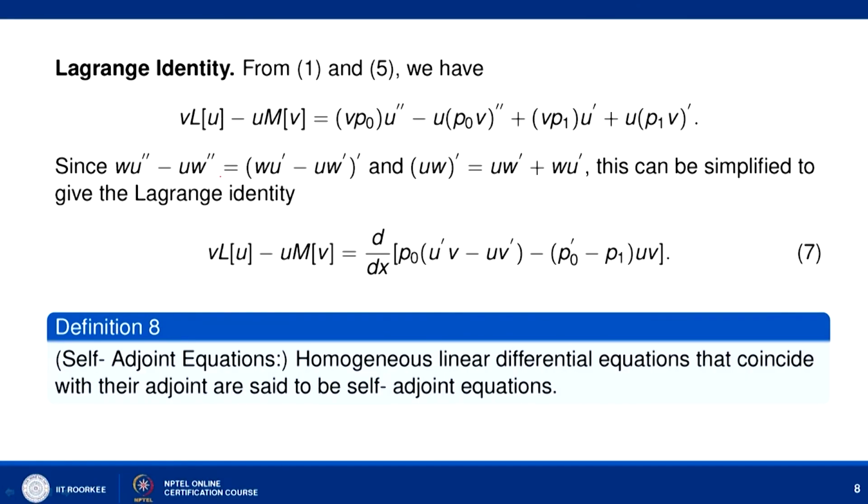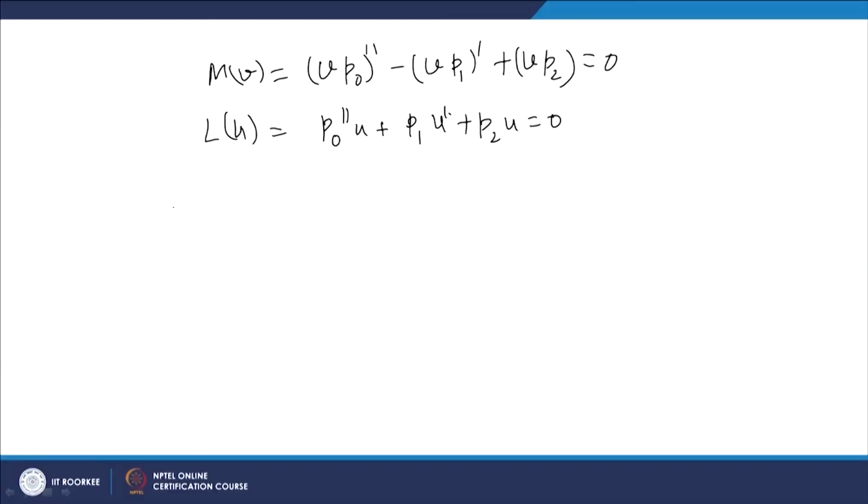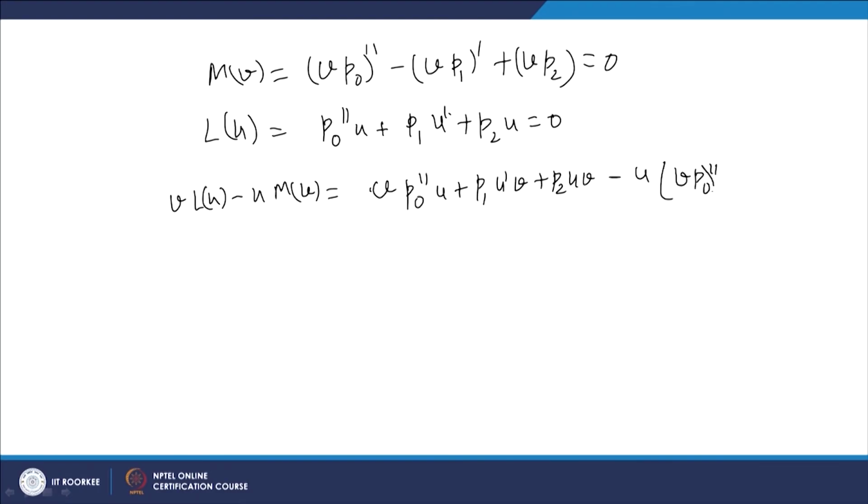Now here we want to calculate this quantity V L U minus U M V. So V L U is V P0 U double dash plus P1 U dash V plus P2 U V, minus U M V. So U M V is U times V P0 double dash minus V P1 dash plus V P2.